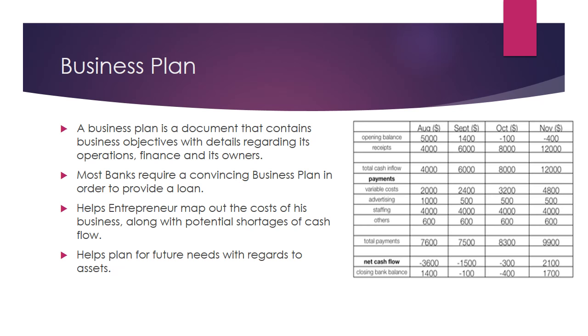So a business plan is essentially a document where you explain every small detail regarding what your objectives are, how you are going to run your operations, so how you are going to get your supplies, how you are going to manufacture, how you are going to deliver your products to customers. And then you have financing. Where are you going to get your working capital? Where are you going to get your long-term and short-term finances? So every small detail is addressed in a business plan.